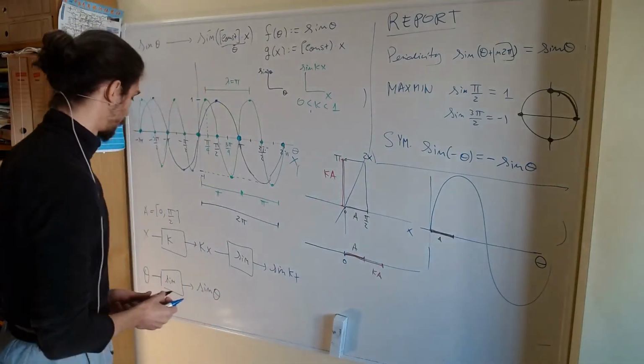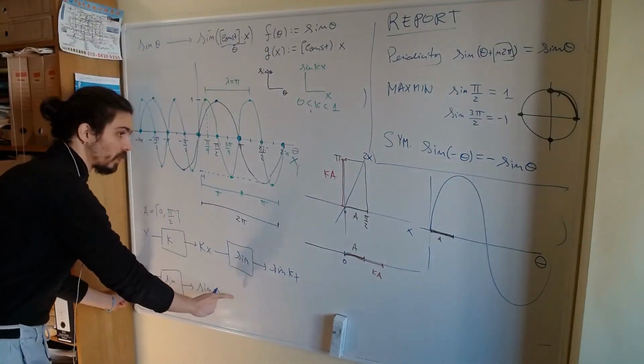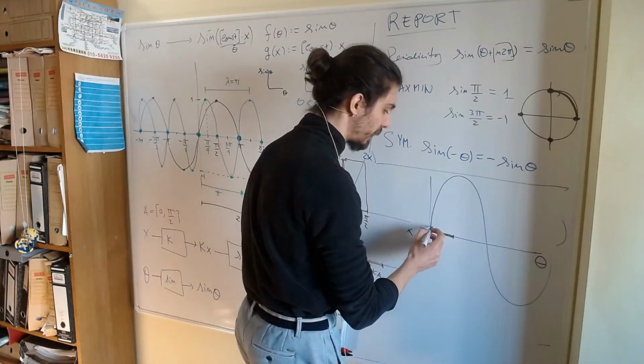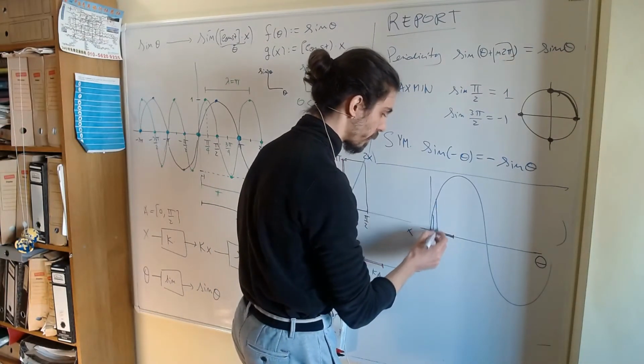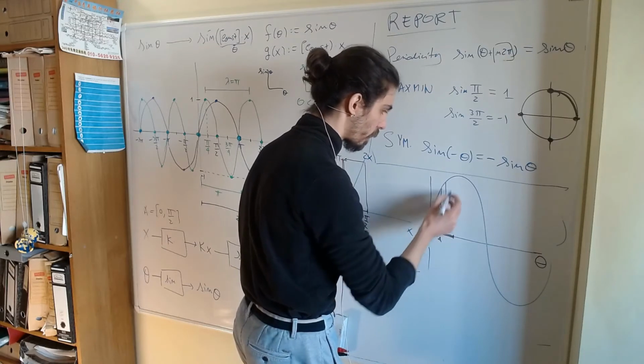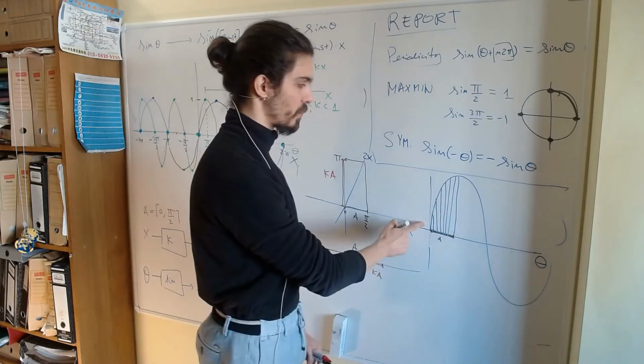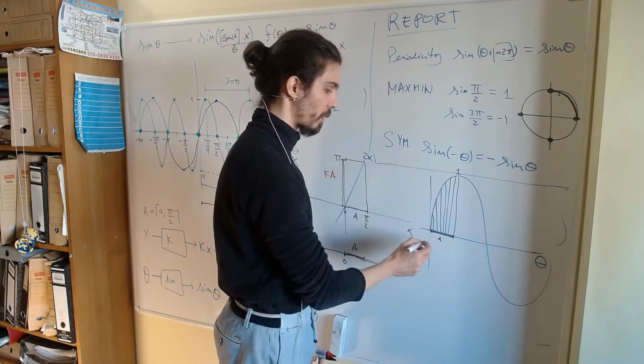Now, the image of A under this function is this set of heights. Can you see? From 0 to 1. This is 1, the maximum.